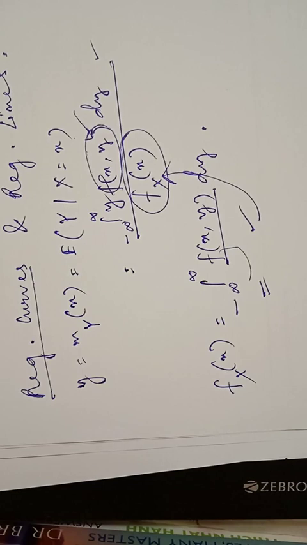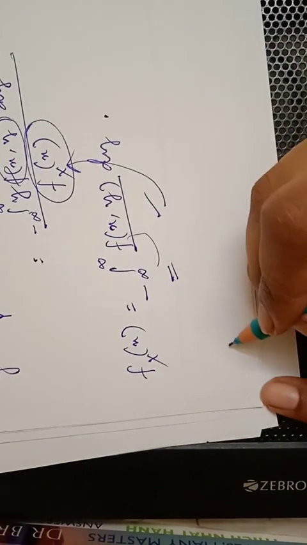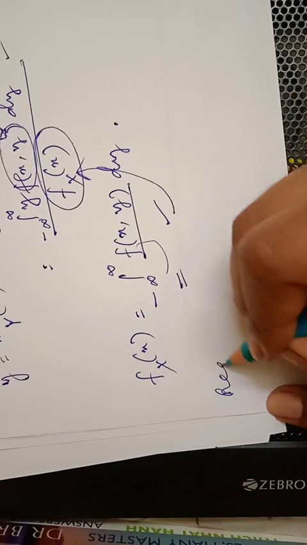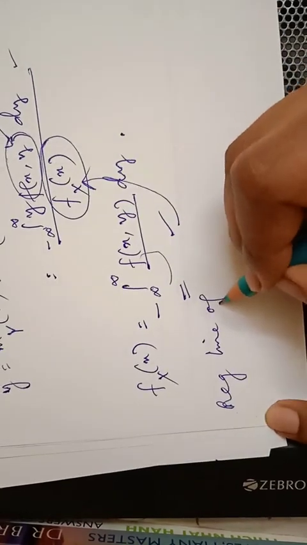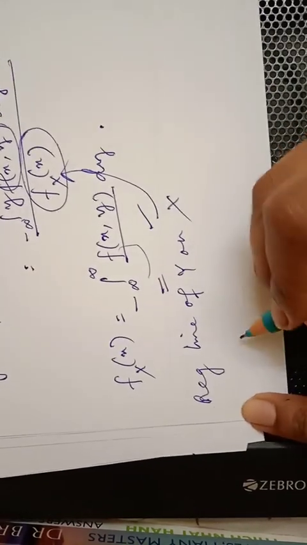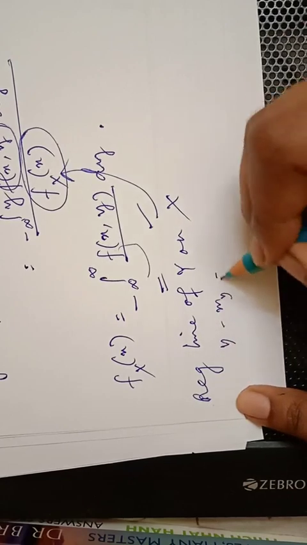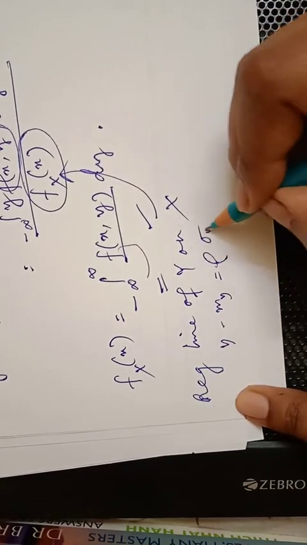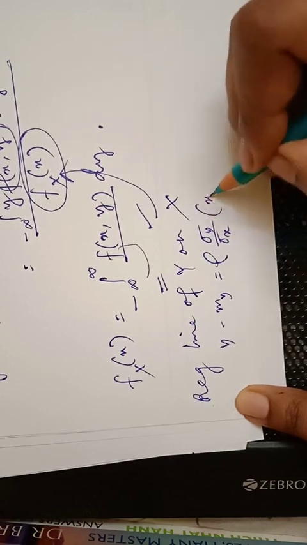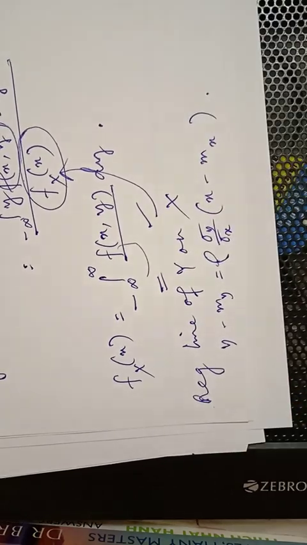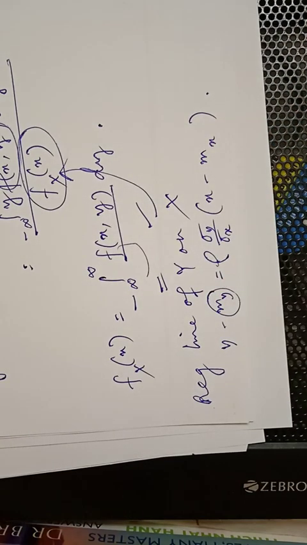Now the next topic is how to find the regression line. So for calculating the regression line, what do we need? So regression line of y on x is y minus my equals rho sigma y by sigma x into x minus mx, right? So to calculate the regression line, first we need to compute my, that is expectation of y.